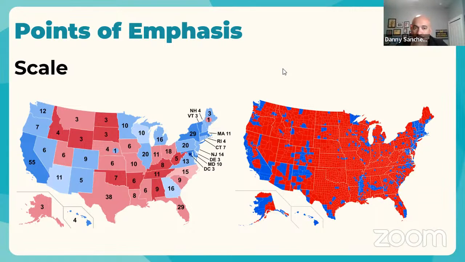All right. And the map on the left, the scale of analysis for that is state. But Mr. Sanchez, it's a national map and it shows you the country as a whole. Yes, that's what the whole map shows you. But the scale of analysis is about the data point.